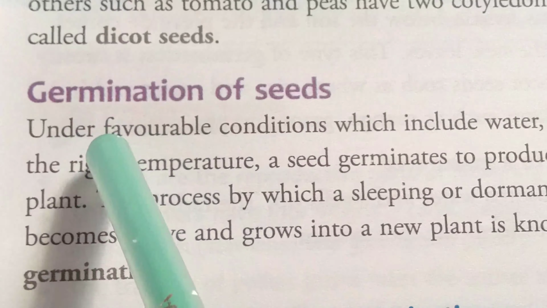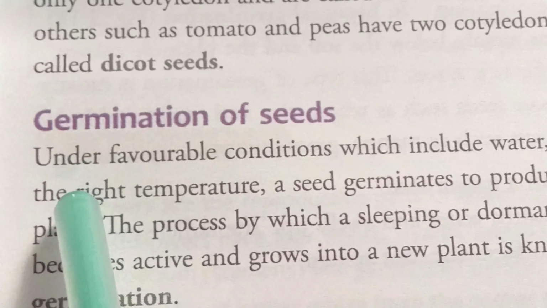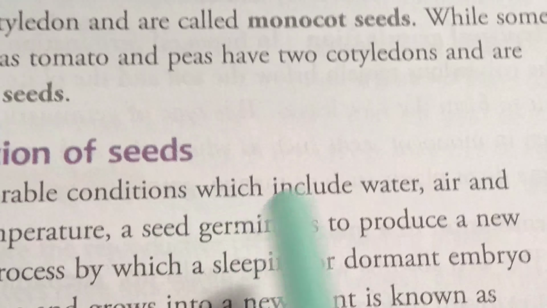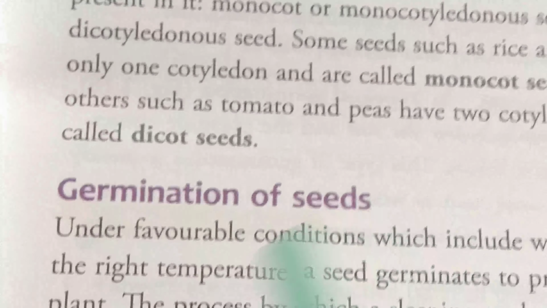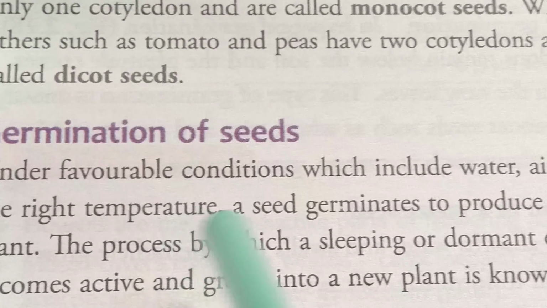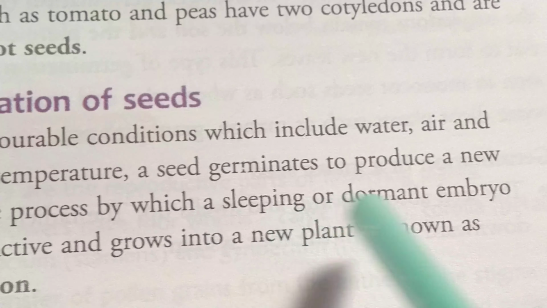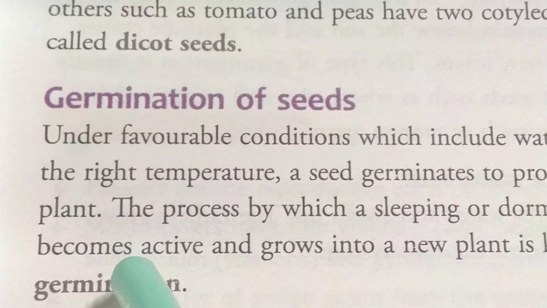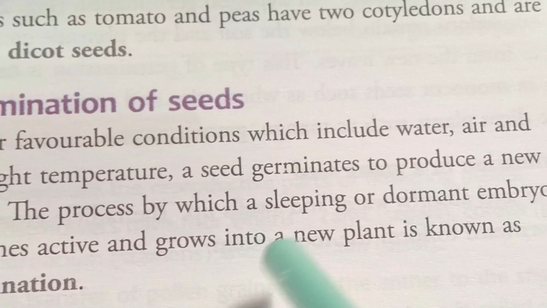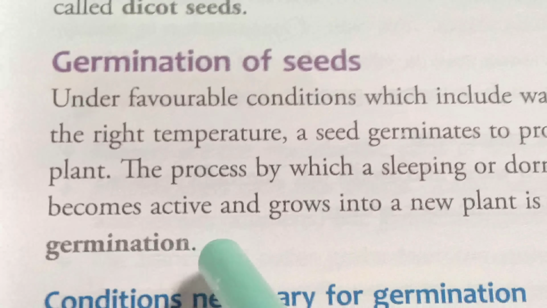Next, germination of seeds. Under favorable conditions, which include water, air, and the right temperature, a seed germinates to produce a new plant. The process by which a sleeping or dormant embryo becomes active and grows into a new plant is known as germination.